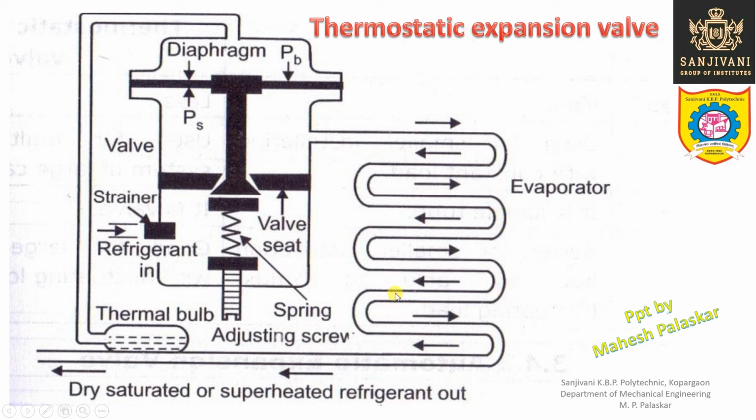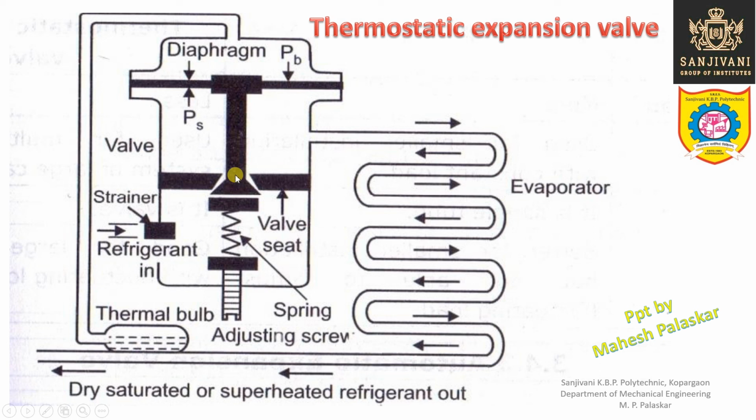Vice versa, if the load on the evaporator is decreased, then the temperature of the refrigerant which is leaving the evaporator will automatically get decreased. So due to that, the temperature and pressure of the fluid in the thermal bulb will be reduced, and therefore the force which is acting in the downward direction on this particular diaphragm and the valve will be reduced.